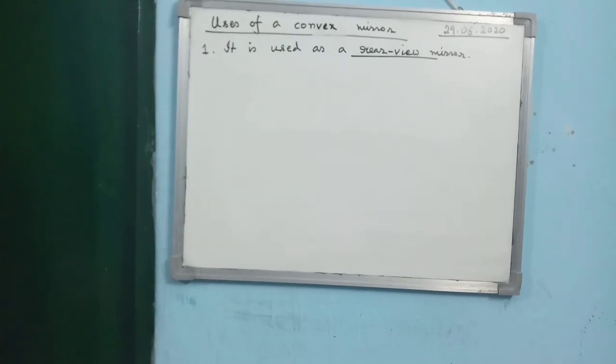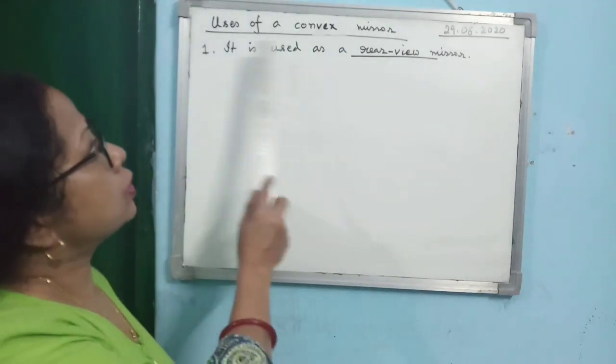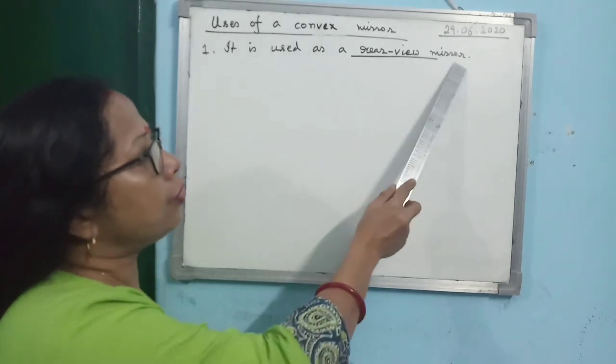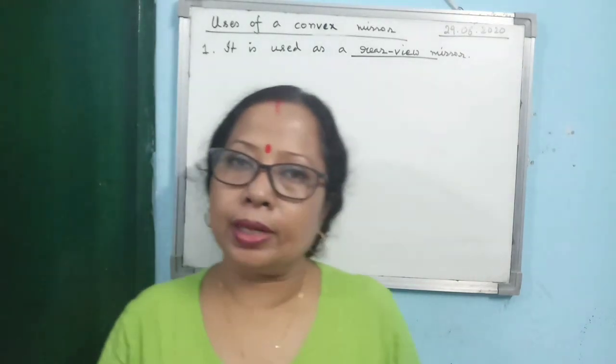Now the topic I am going to discuss is a very important topic of this chapter: the use of a convex mirror. A convex mirror is used as a rear view mirror. What is the meaning of rear view mirror?